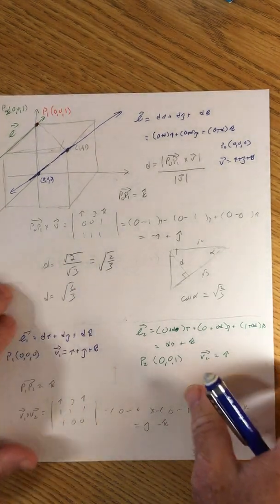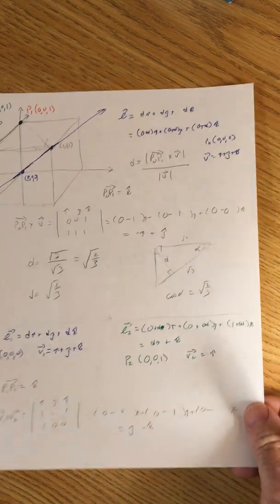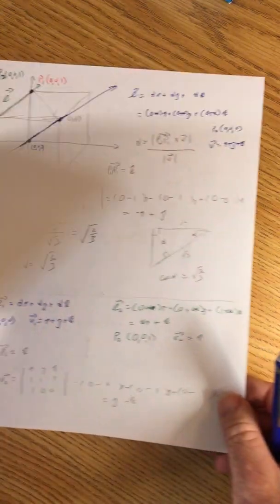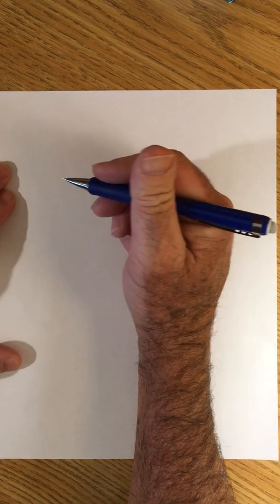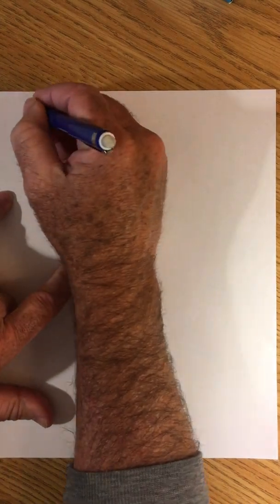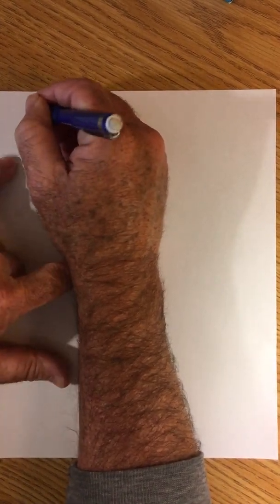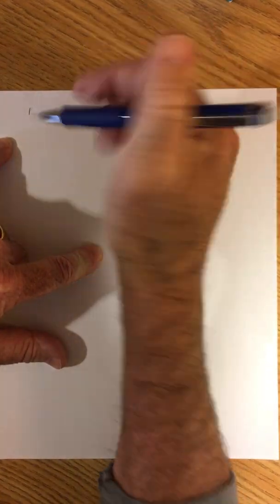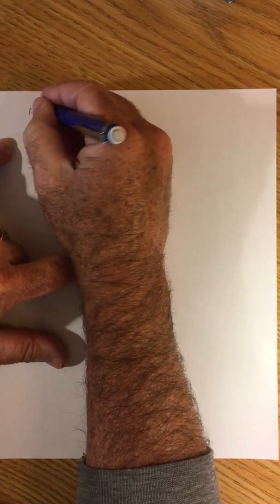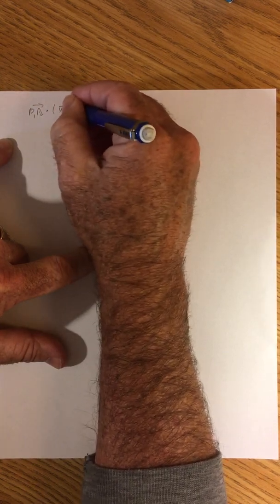Okay, I'm going to go on to my new piece of paper now. No, that's not a piece of paper, that's my formula sheet. Okay, so now we need P1 P2 dot V1 cross V2.